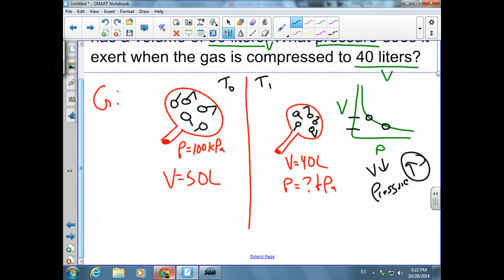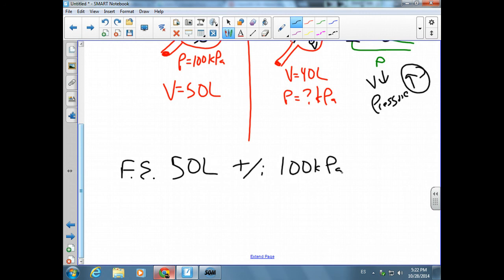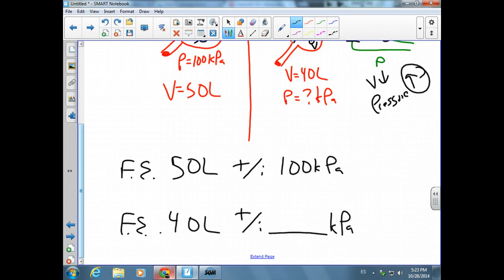Now that I understand conceptually what's happening, I can go ahead and try to solve this. So I can say for every 50 liters, there is 100 kPa. And then for every 40 liters, there is blank kPa.